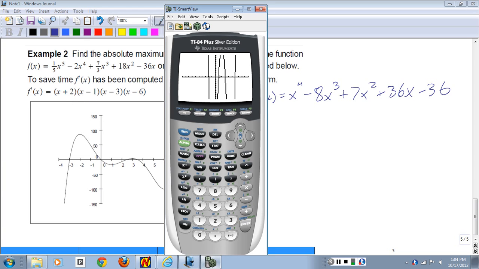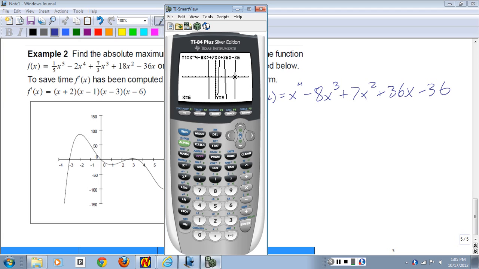If the 1 is correct, that means x minus 1 is a factor. If the 3 is correct, that means x minus 3 is a factor. And if the 6 is correct, then that means x minus 6 is a factor. And we can check to see if any of those are correct just by evaluating it at -2, or 1, or 3, or 6, and they all give us 0.